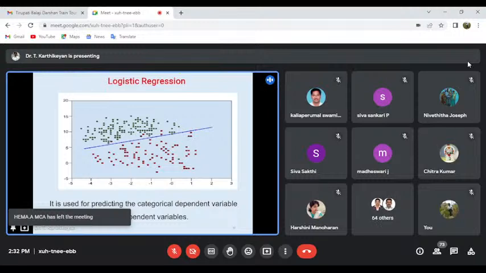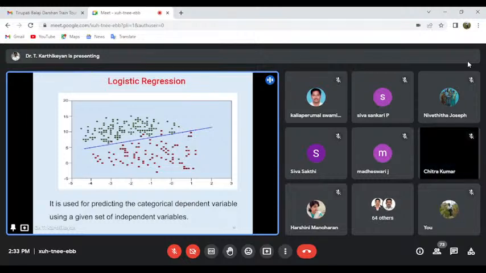For that, when you apply this logistic regression machine learning algorithm, it will differentiate by giving the border or line between the objects. So this is one of the important algorithms under supervised learning. It is used for predicting the categorical dependent variable using a given set of independent variables.